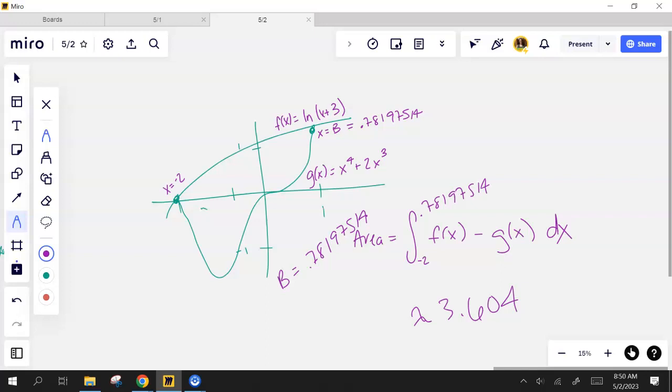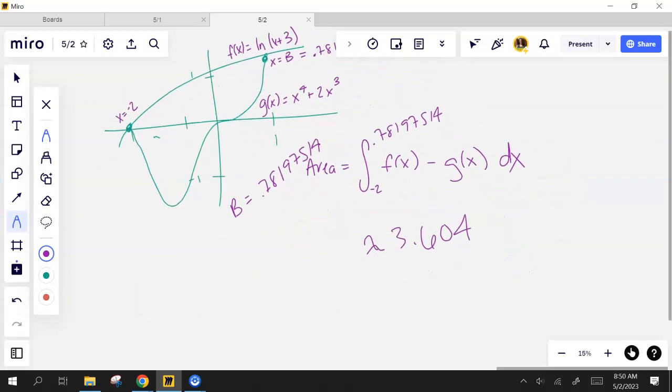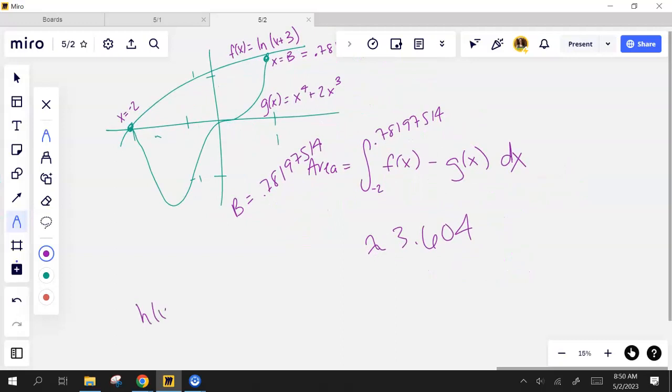Between -2 and b, h of x is the vertical distance between the graphs of f and g. I'm probably just going to go ahead and write h of x is the vertical distance between the two. Well, that's different depending on where I am, right? Do you see that?